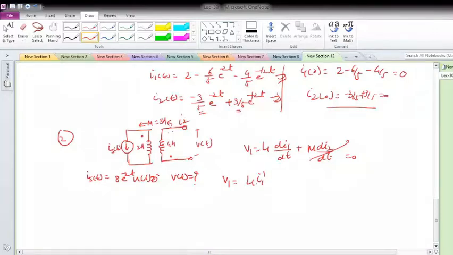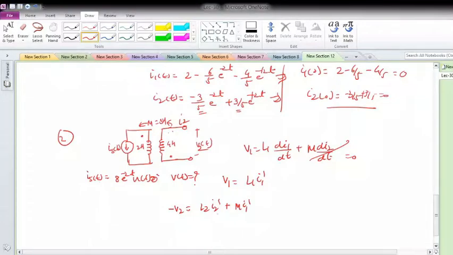Now let us talk about the second coil, V2. It is negative as per the polarity that has been marked. So I will write minus V2 will be L2 I2 dash plus M I1 dash.